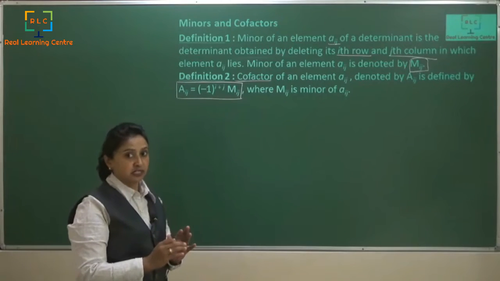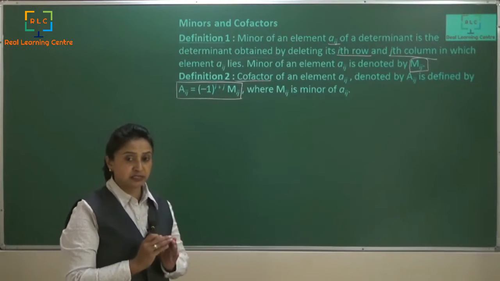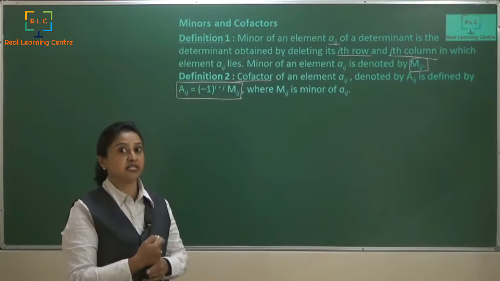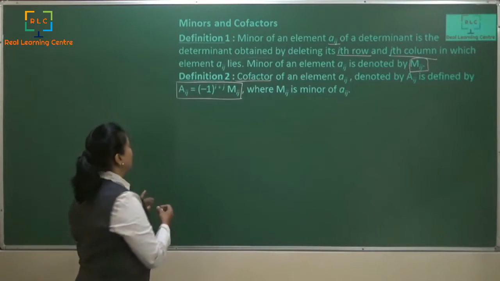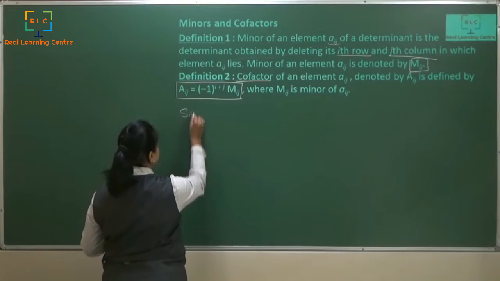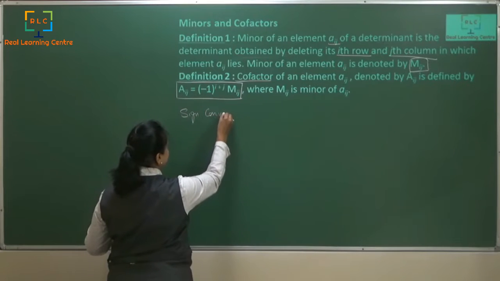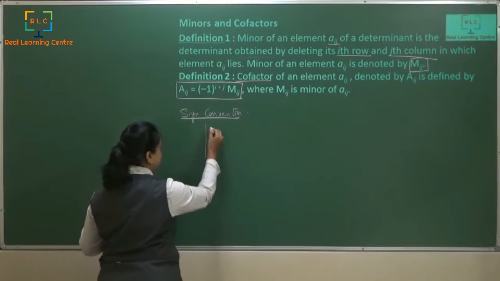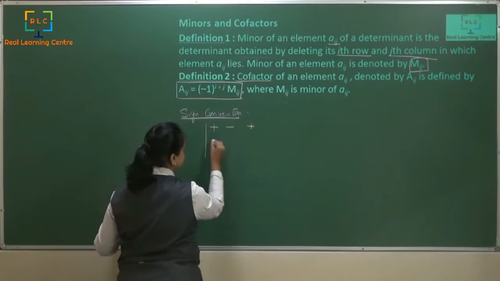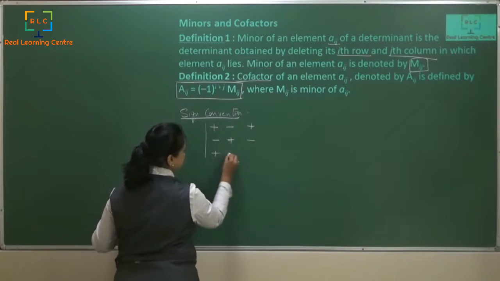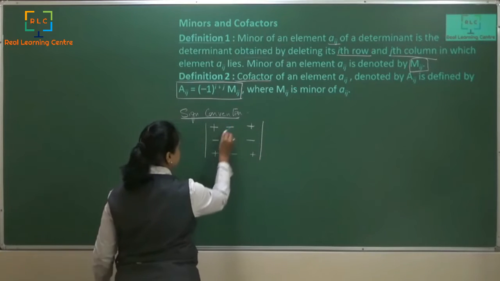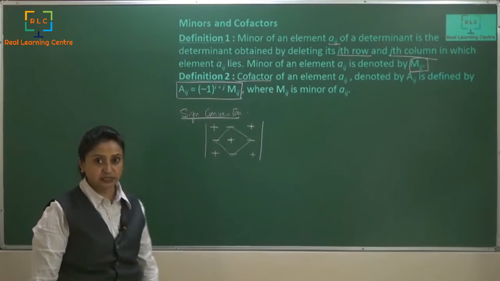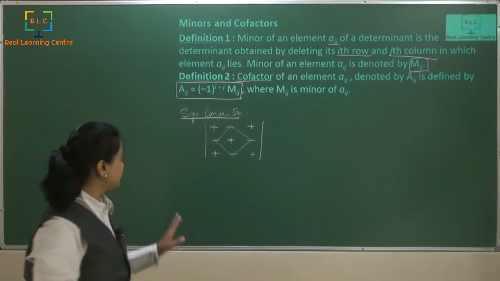So if you are getting an element which is present in the second row and third column, for example 2 plus 3 is 5, then you will get a minus sign in that place, and that is how the sign convention of a determinant works. Every place has its own sign: plus, minus, plus, minus, plus, minus, plus, minus, plus, and the diamond shaped places will have a negative sign. Please note this, because when we are doing the problems we are going to use this sign to take out all the cofactors.